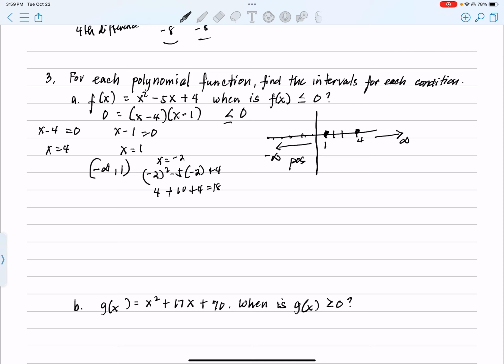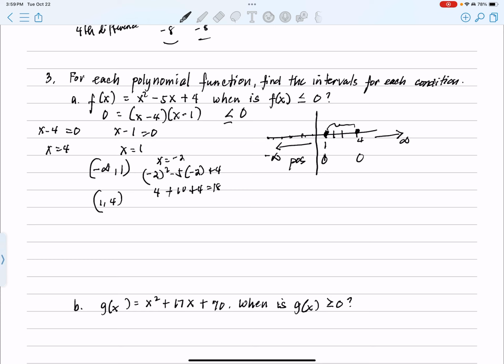You know that 1 is a 0. We have a value of 0 there because that's the root. And same thing with 4, it is a 0. But how about the values in between 1 and 4? The interval of 1 and 4?